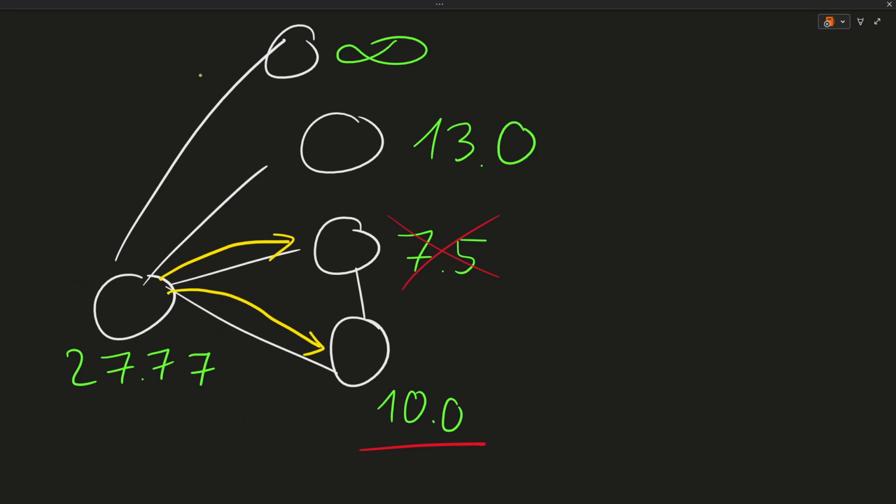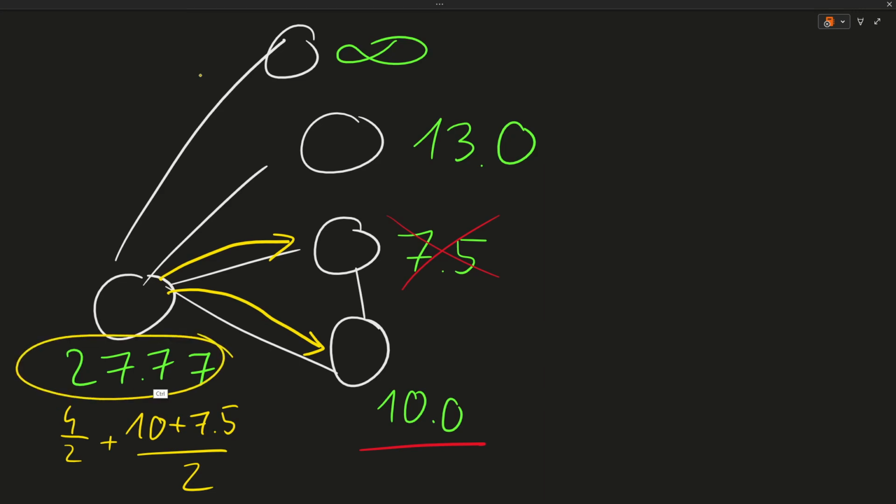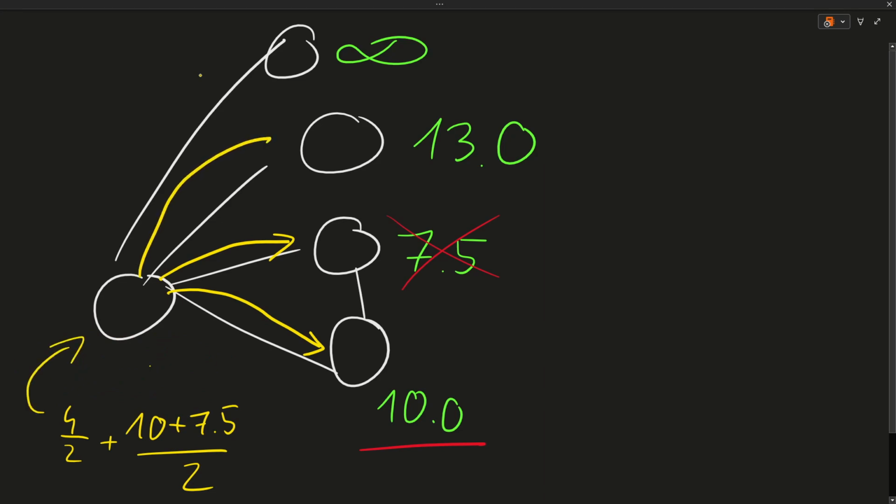So I minimize 27.77 into 4 divided by 2 plus 10 plus 7.5 divided by 2. Whatever the value is, it will be lower, so I just put it here. So this is the value there. And I don't right now consider other neighbors of mine, like 13.0, because it's not updated yet. Maybe this one will decrease.